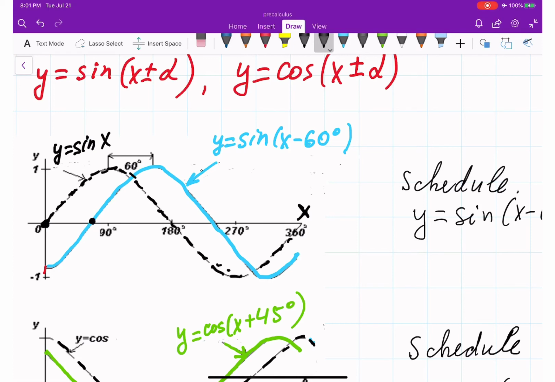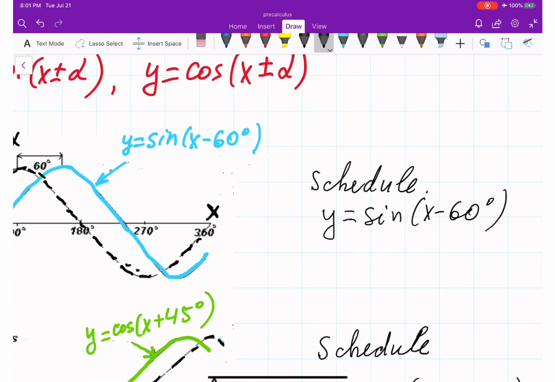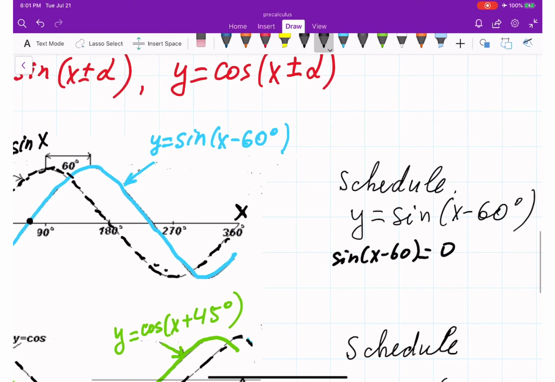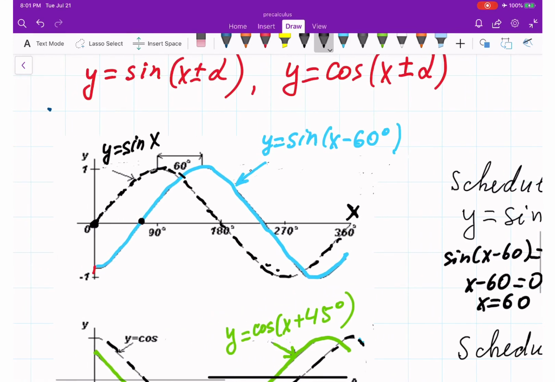So if I put sine of x minus 60 equal to 0, I want to know at what x the sine is going to be 0. So that means x minus 60 is going to be 0, which means at x equal 60 your y is going to be 0, which means this is our 60.